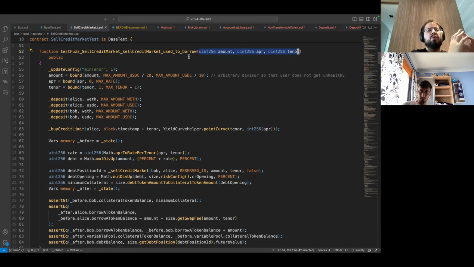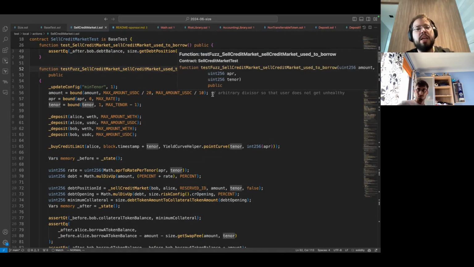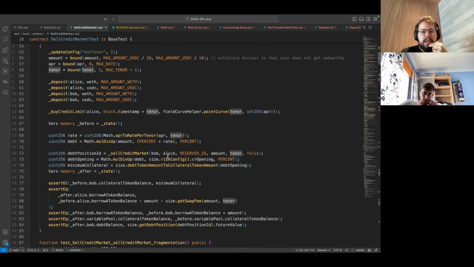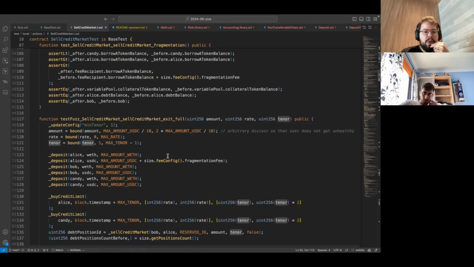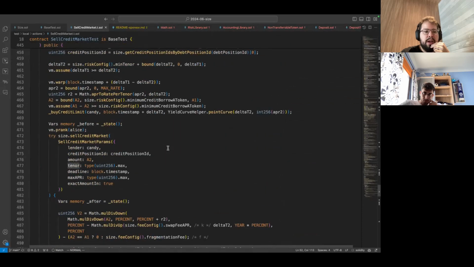Maybe the fuzzer would set it to 0, maybe max uint, so you have overflows and underflows, and you are not interested in those scenarios. So it can be very time consuming to keep track of what errors are expected and what errors are unexpected. So in some cases, what you can do is a try catch and then ignore errors.